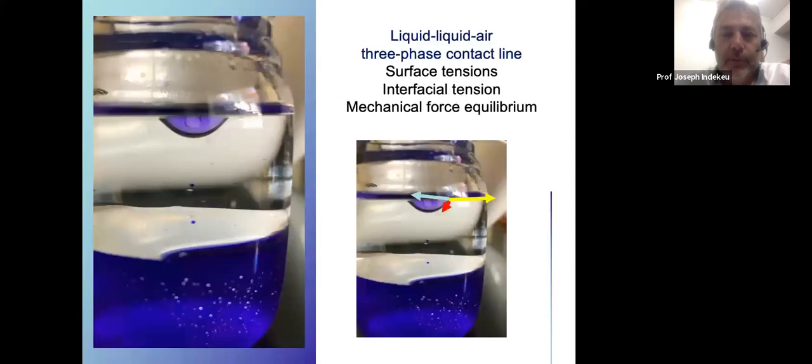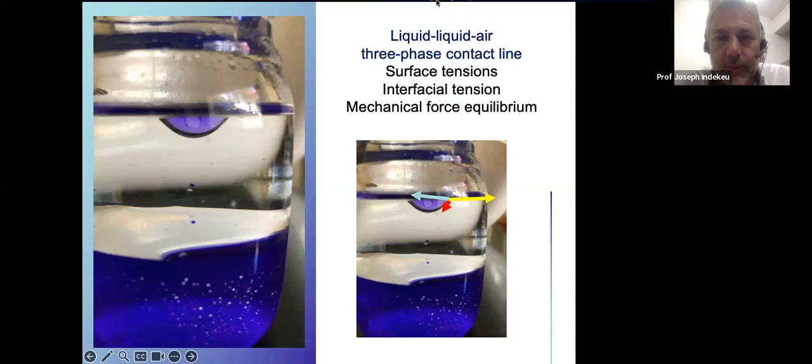So the first time that we discussed a problem is when we had the contact line where three phases meet, in this case, the air, cyclohexane-rich phase and the methanol-rich phase. They meet at a line of common contact, and the force equilibrium is governed by the interfacial tensions.